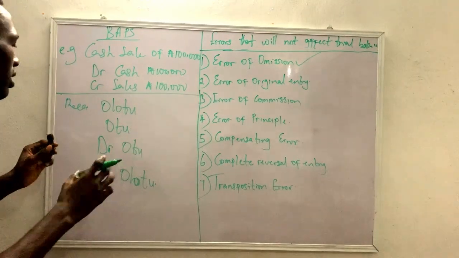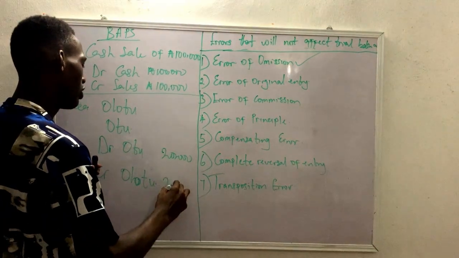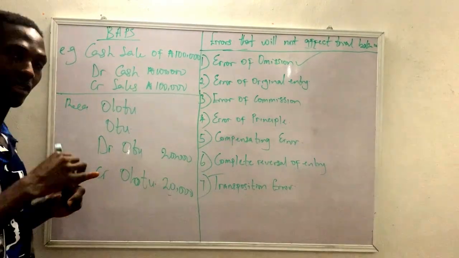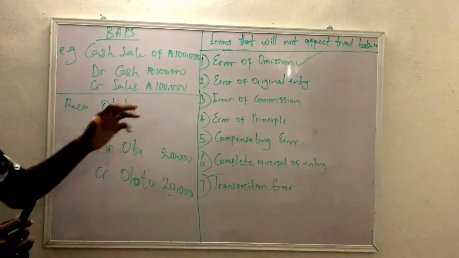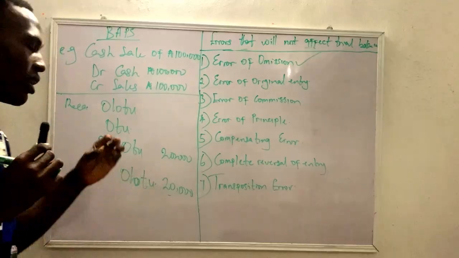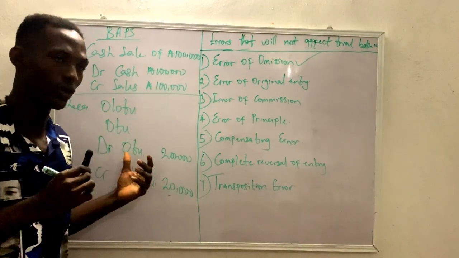Yeah, it might not look really feasible right now because it's just an explanation, but if you pay attention to what I'm saying, you will understand what I mean by this. So that's it for error of commission. All these things can also come out in your short answer question. Little things like this can come up and it will be a bonus for you.